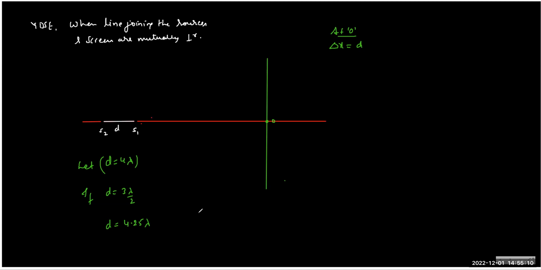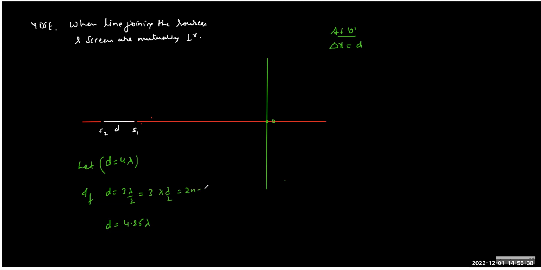D will decide. So now here we cannot say zero order maxima or minima or something. No, D will decide. And the value of D will also let us know which order of maxima or minima we are going to witness. So if this is 3 lambda by 2, this is like 3 times half wavelength.